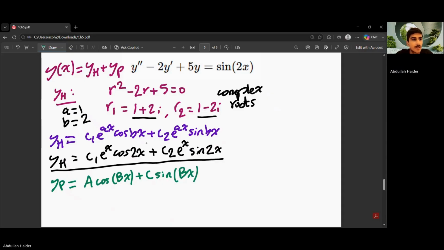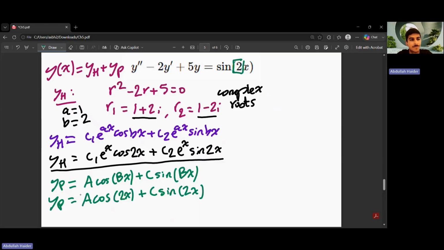Now, your yp, so our big B is 2, a cosine 2x plus c sine 2x.